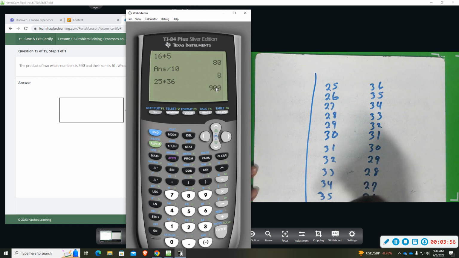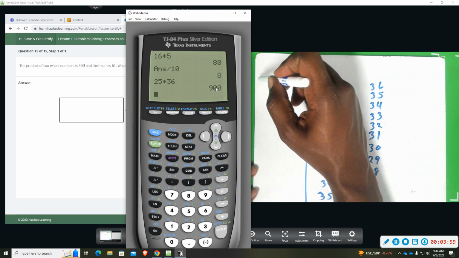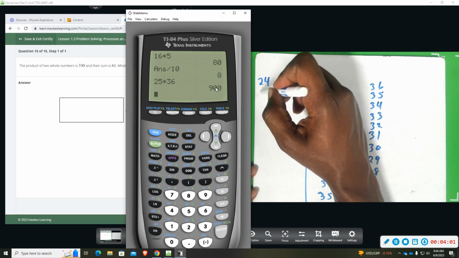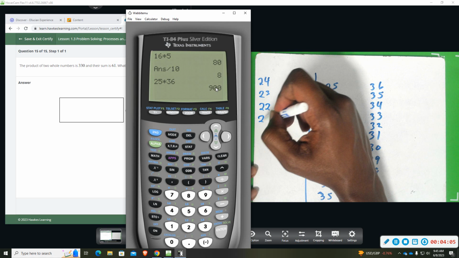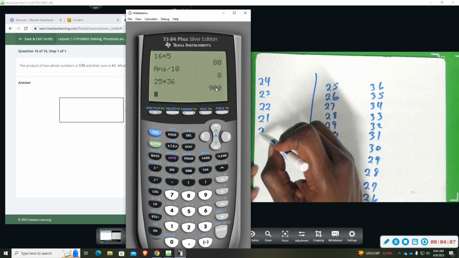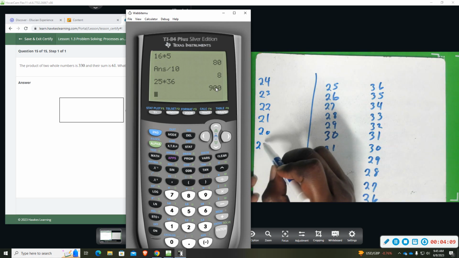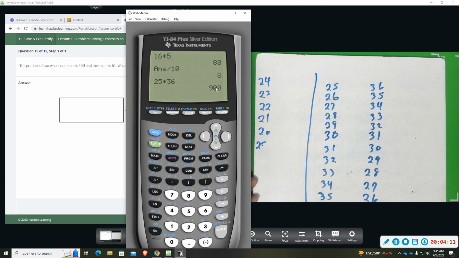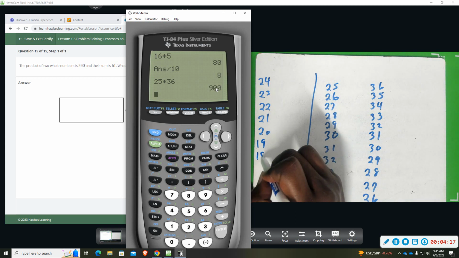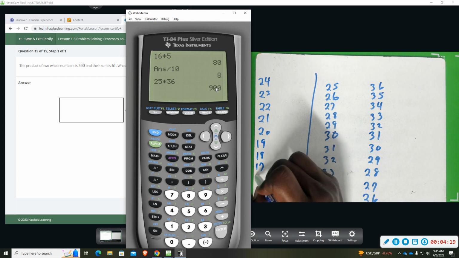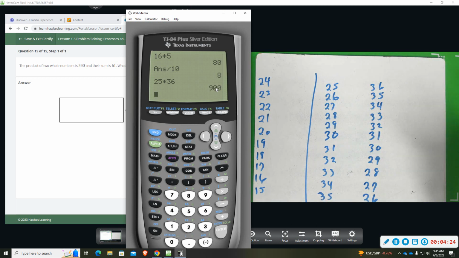So that's one column. So I'll do 24, 23, 22, 21, 20, 19, 18, 17, 16, 15. Hopefully within here we can get it.